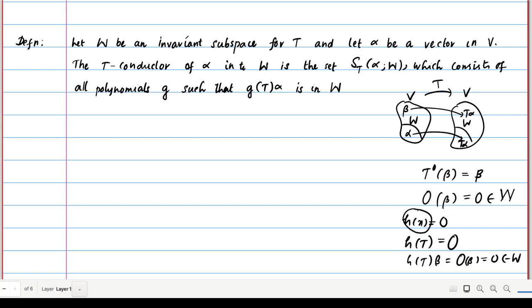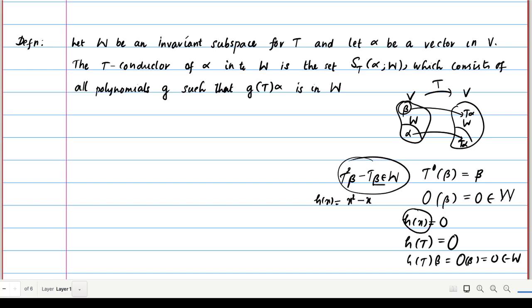Sometimes if we have beta belonging to V, and you take T square of beta, for some case T square of beta minus T beta can be in W. This is also possible. In this case there exists a polynomial x square minus x.